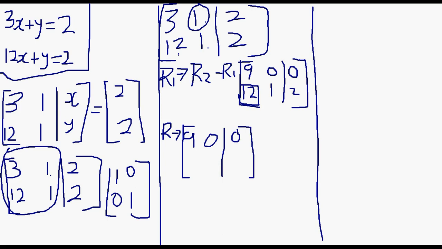Oh, sorry, I'm working on row 2. And what I will do for row 2 here is to multiply row 1 by 4. So 4 times 9 will give me 36.